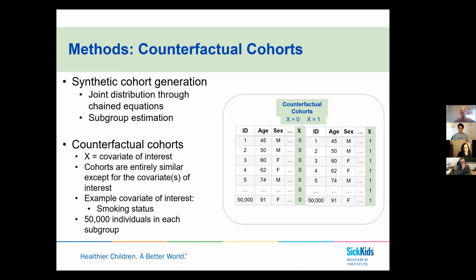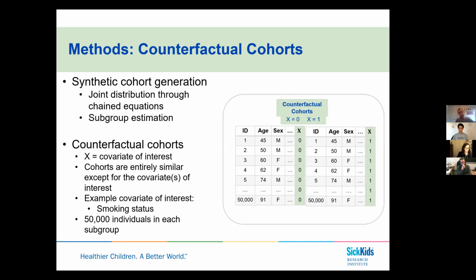We reconstructed the original data in a way that was not violating any privacy associated with accessing that data, but also in a way that would allow us to switch on and off some covariates to understand the impact of those covariates on the outcome. So we call them counterfactual cohorts.